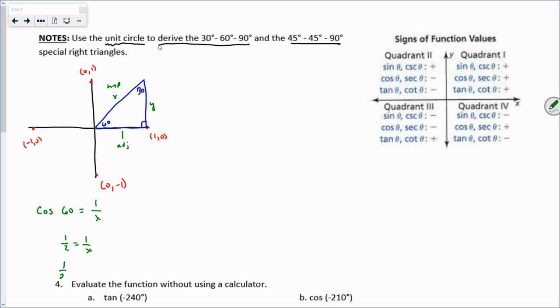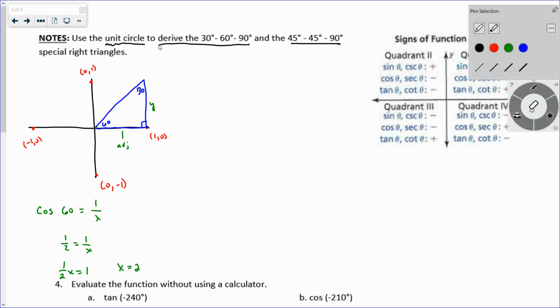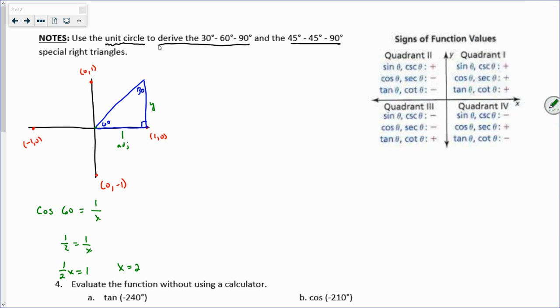Multiply both sides by x. Divide by 1/2. So now we can say that the hypotenuse of this reference triangle is 2.